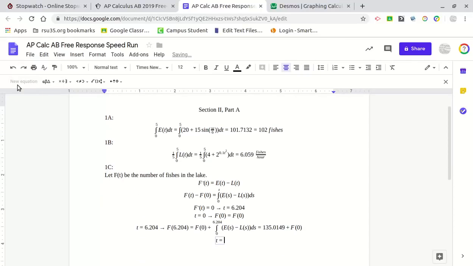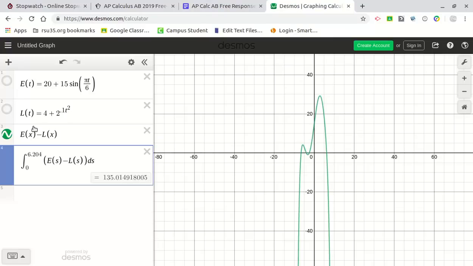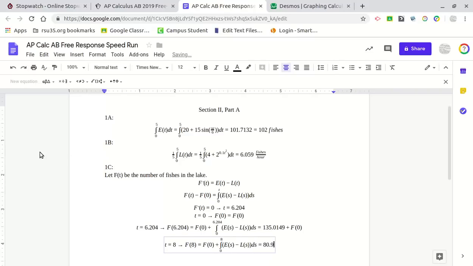And for t equals 8, we do the same thing but plug in 8 instead. Let's change this to an 8. That is 80.9200, so 80.9200 plus f of 0.